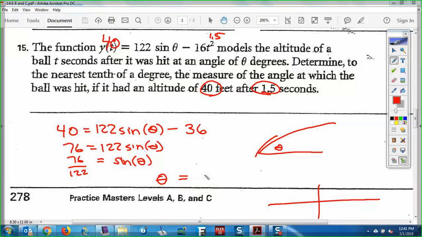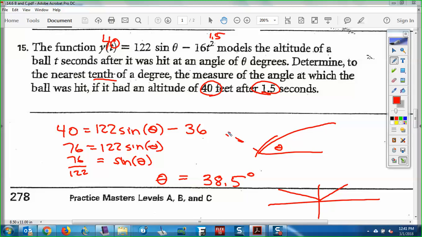38. And what did it say? Nearest tenth. 38.5. Now, that would be in this quadrant. Would it make any sense to have one in this quadrant? 141. No, you're not going to hit a ball at an angle of 140. That'd be going backwards. Foul ball. You would swing this way and it would go back that way.